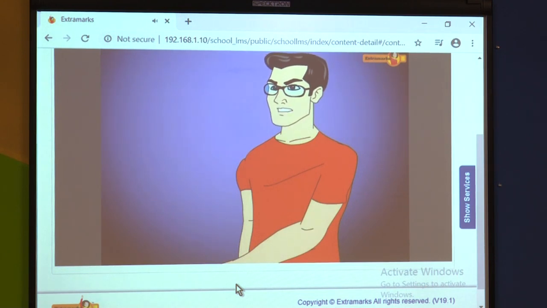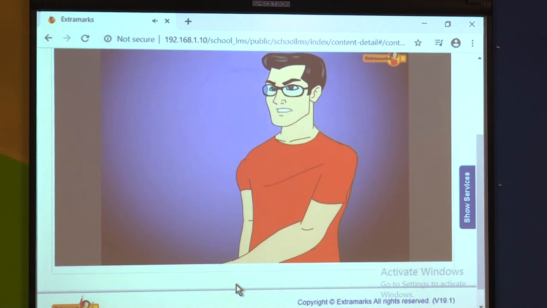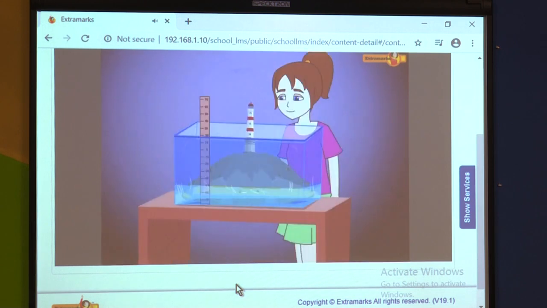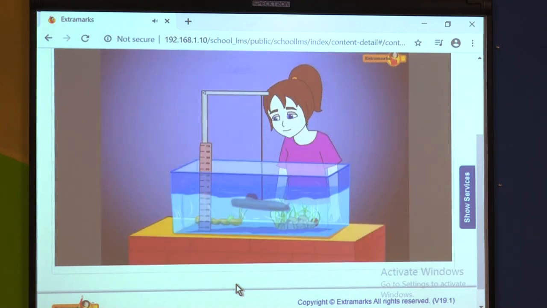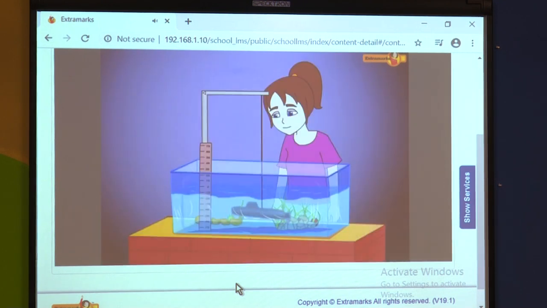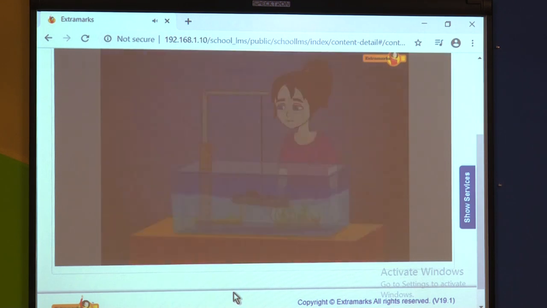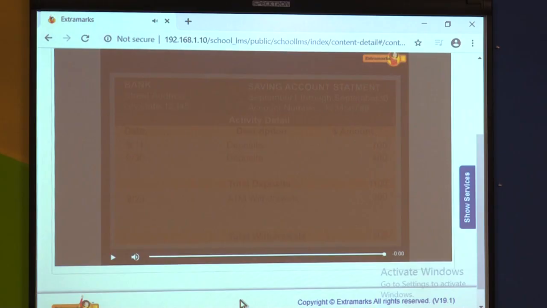Very good. We see that integers are widely used in our daily life. For example, integers are used in measuring the temperature, height, depth, and showing transactions in bank statements.